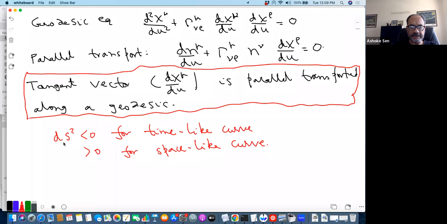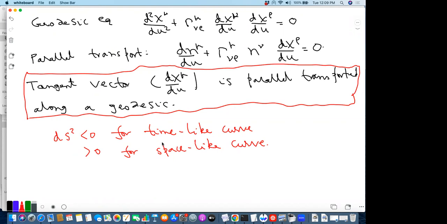Because you do the extremization of either the square root of ds² or the square root of minus ds², depending on whether it's time-like or space-like. But under infinitesimal variation, a time-like curve will remain time-like, and similarly, a space-like curve will remain space-like. So you don't have to worry about this suddenly changing sign. Okay, that's why you mentioned extremizing rather than minimizing. Exactly.